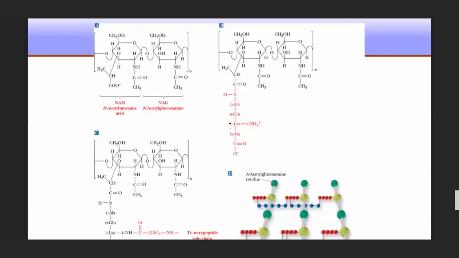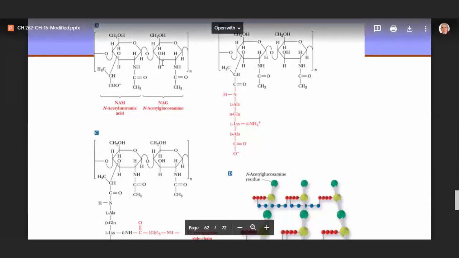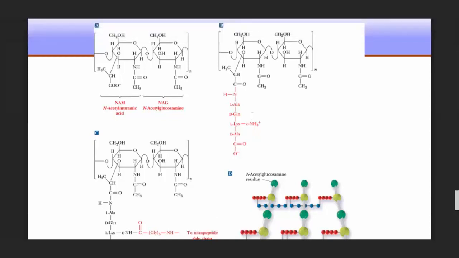At the beginning here, this is the structure of the disaccharide, and here we have bonding of a tetrapeptide on the lactic acid.